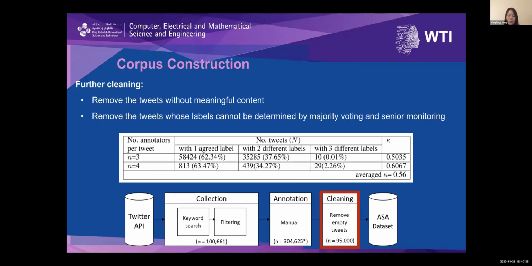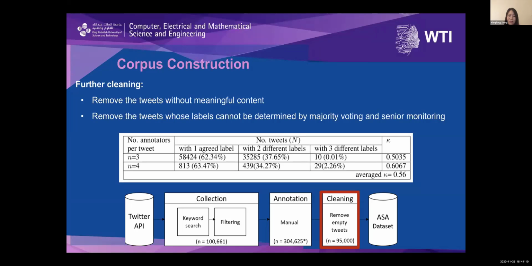In order to verify if our annotation process is reliable, we also calculated a coefficient called kappa. This value is from 0 to 1. If it is close to 1, it means the annotation is really reliable and the annotators highly agreed with each other. In our case, we calculated the kappa based on the tweets annotated by 3 annotators or 4 annotators.